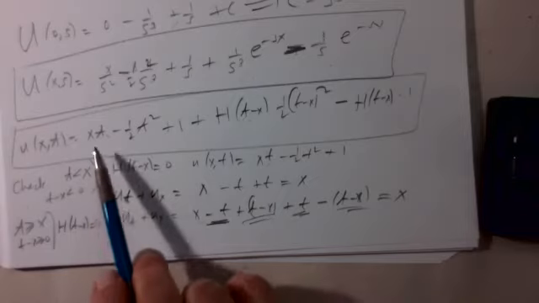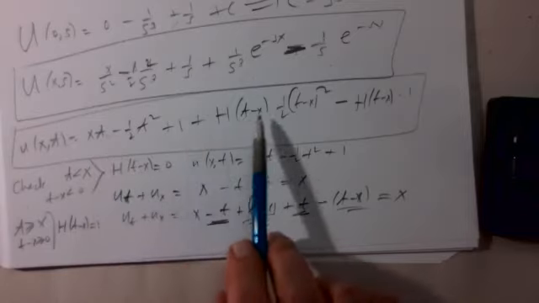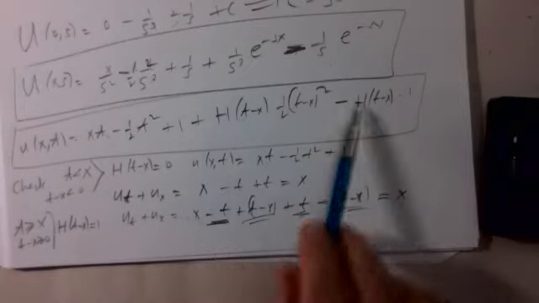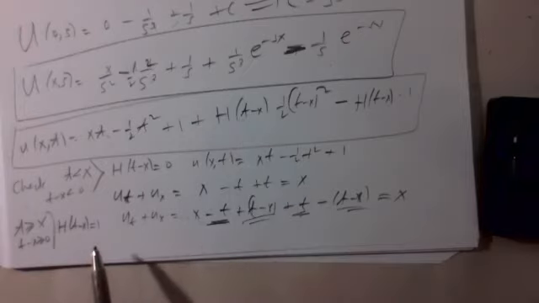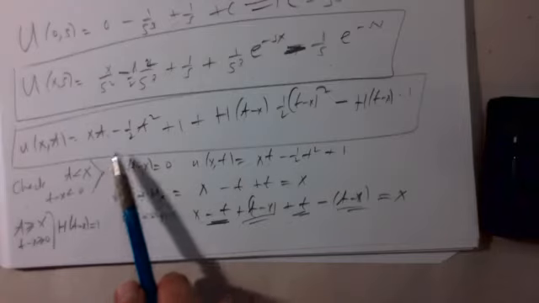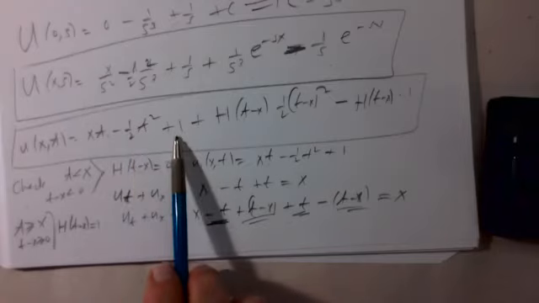When you let t equal 0, you get 0, 0, 1. And when x is 0, you get minus a half t squared plus 1.